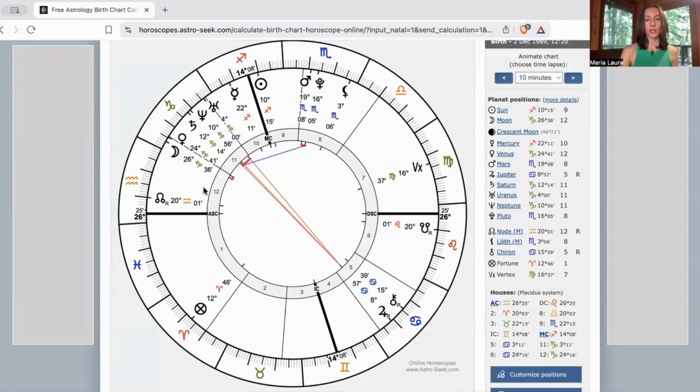But we're also looking at the houses that are ruled by Cancer, which means, stay with me, any line that goes into Cancer is the 5th house. It starts for the 5th house. And then there's another line going into Cancer, the 6th house. So both the 5th house and the 6th house have an impact on this new moon as well. They all kind of vibrate together if you want to think about it that way.